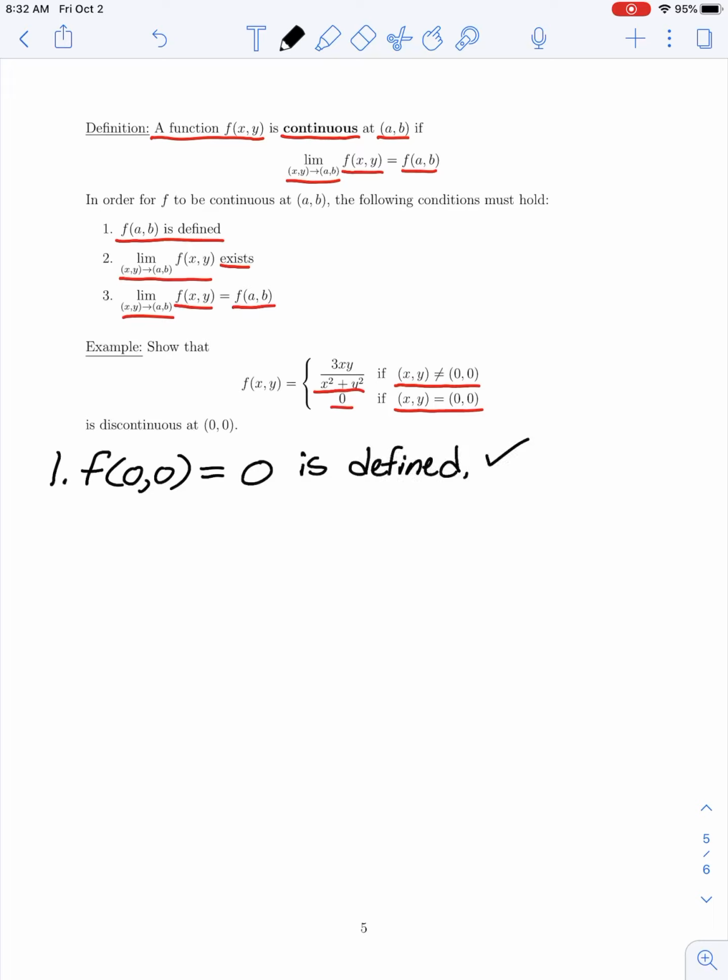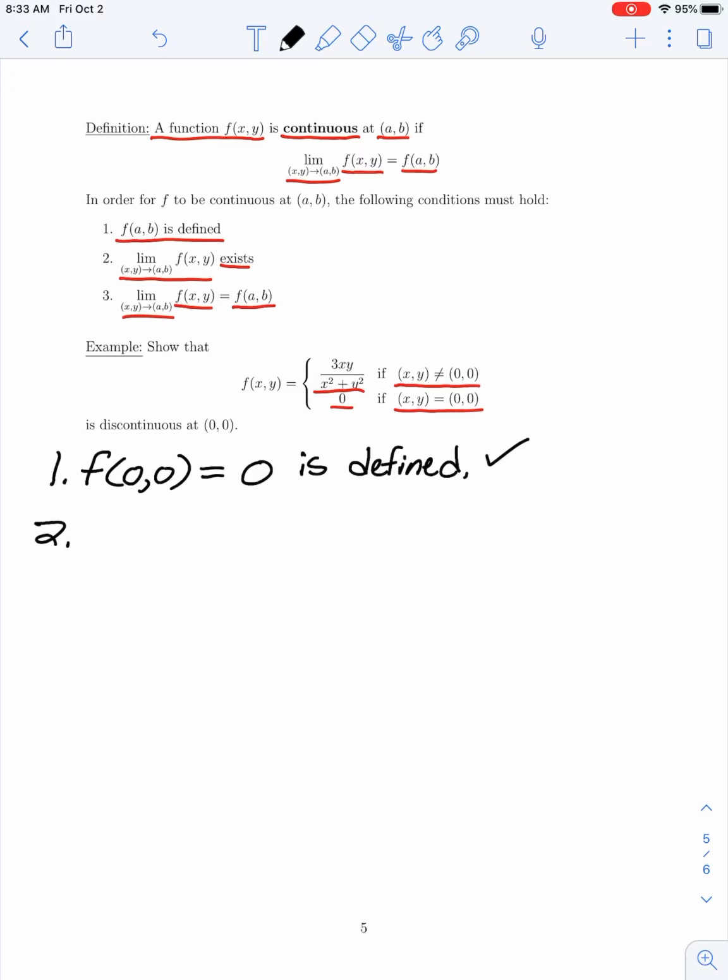So we see here that the function f of 0, 0, or the value of our function at 0, 0, is defined. So the first condition holds. The second condition is to show that the limit of our function as xy approaches 0, 0 exists.